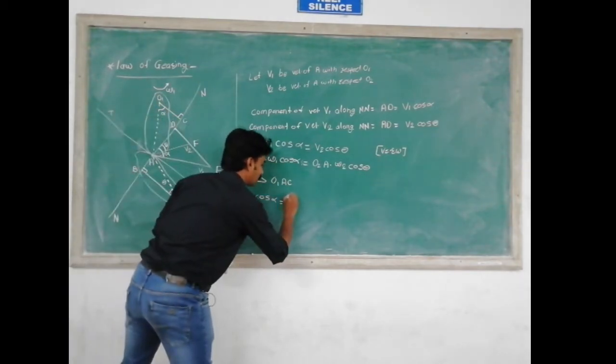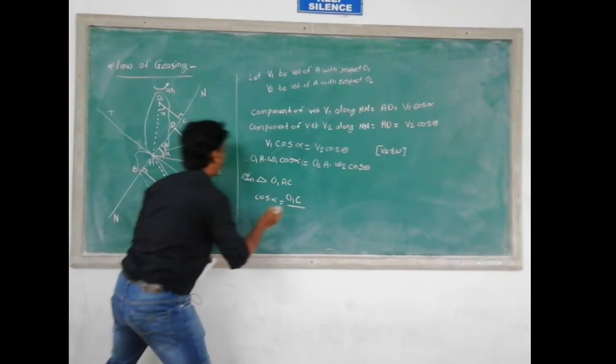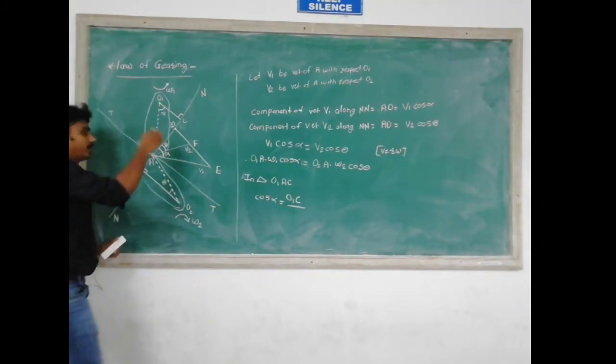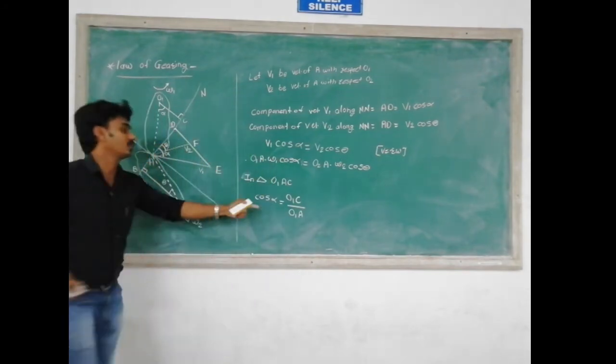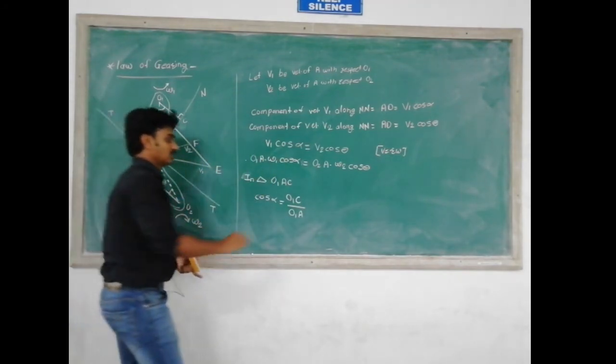Therefore cos of alpha is equal to O1C divided by the hypotenuse, and the hypotenuse is O1A. Therefore cos of alpha is equal to O1C divided by O1A.